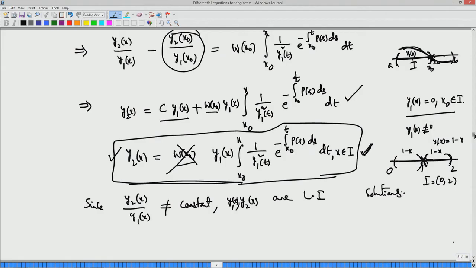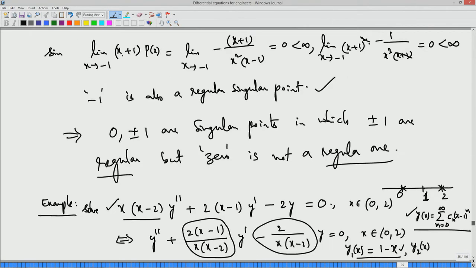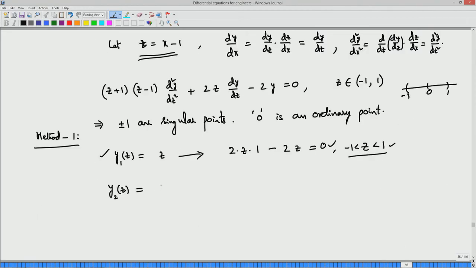So, y1 times the integral from x naught to x, but instead of x we have z. So, y2 of z simply is y1 of z times the integral of 1 by y1 square into e power minus integral of p dz, where p is 2z divided by z plus 1 into z minus 1, and afterwards you have a dz.